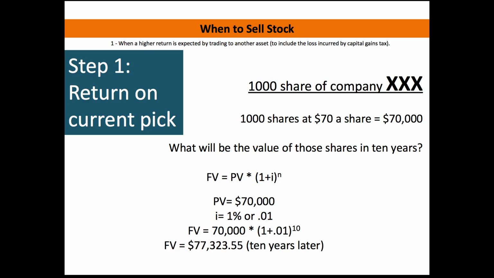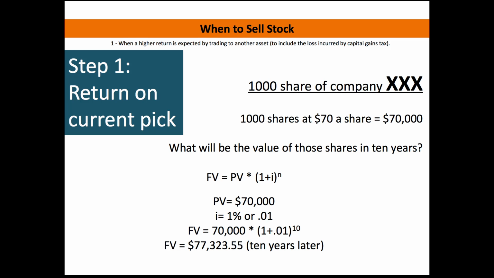In order to do that problem, we're just going to use our future value of money formula, where FV is the future value, and that's equal to our present value times 1 plus i, which is our interest rate, raised to the number of years. So in this scenario, our present value is $70,000.